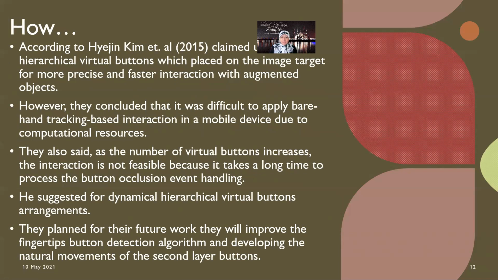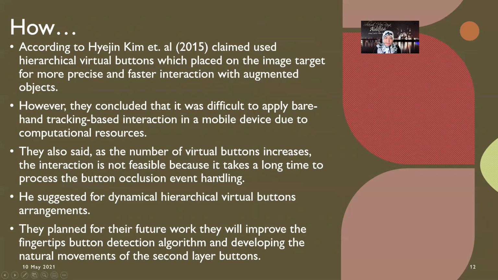According to Heijin Kim et al., published in 2015, they claim to use hierarchical virtual buttons placed on the image target for more precise and faster interaction with the augmented object. However, they concluded that it was difficult to apply bare hand tracking based interactions in a mobile device due to computational resources.